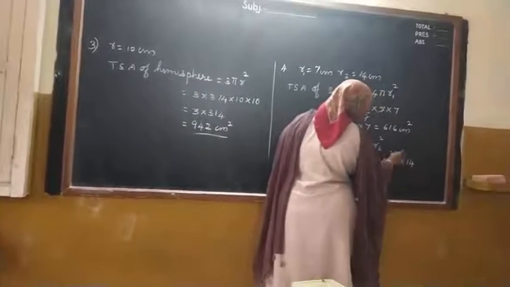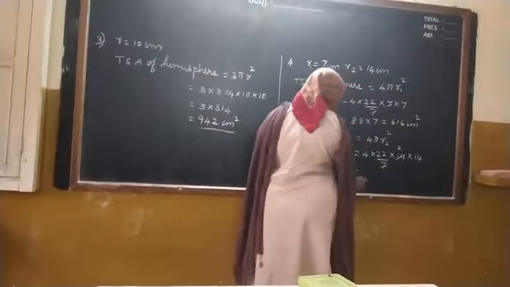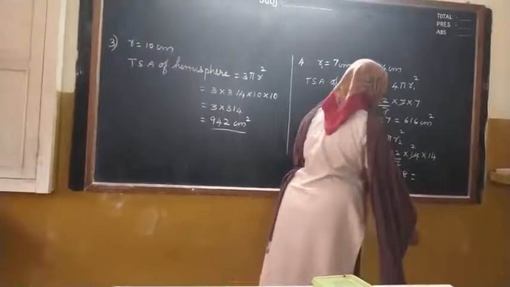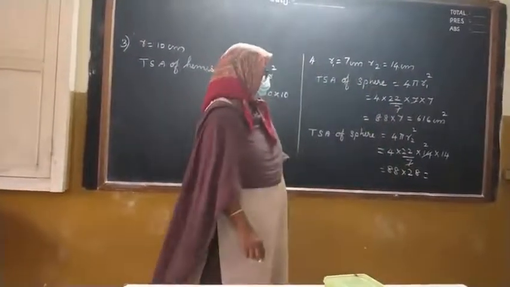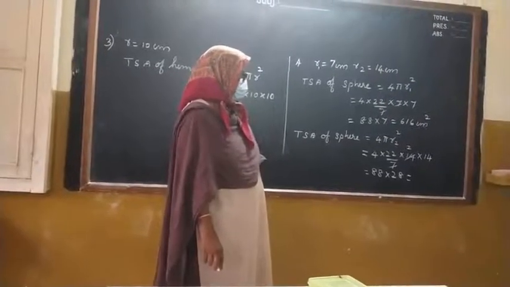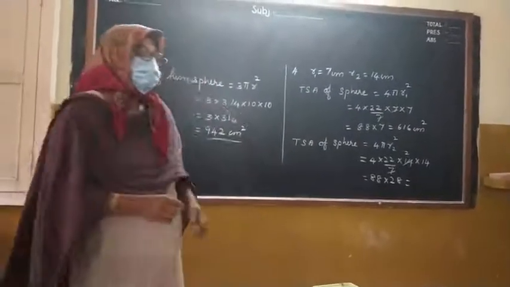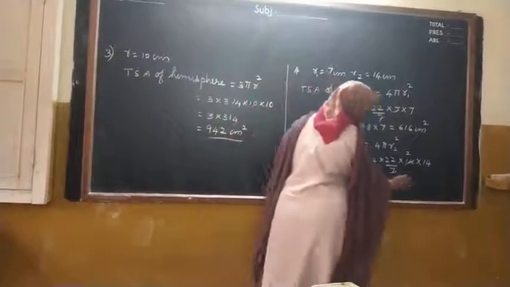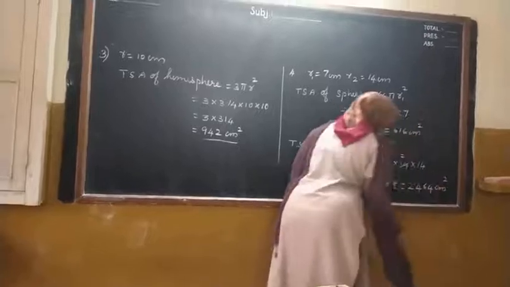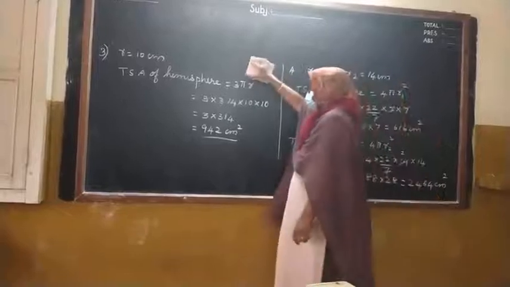So 2 you can cancel, so 88 into 28. What will come? 2464 centimeter square.